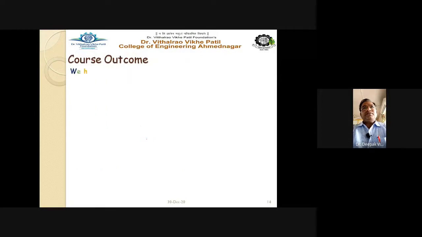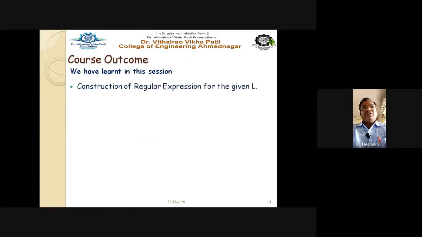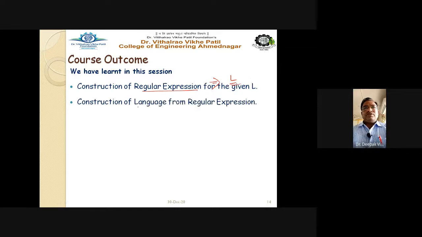Okay, so in today's session, what we have learned is the construction of a regular expression. We have seen many examples of constructing or writing the regular expression for a given language L. And also the reverse procedure: writing the language from a given regular expression.